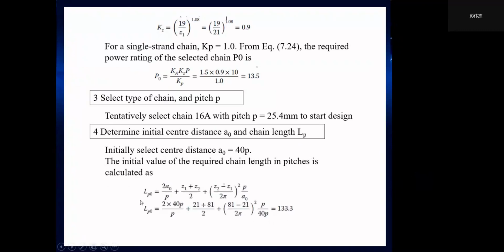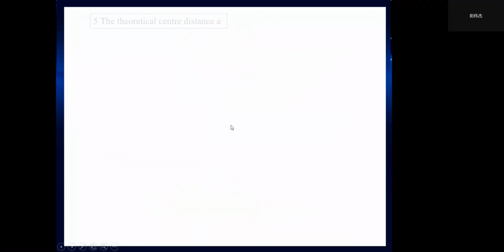Then we calculate Lp0. We have p and A0, and we have Z1 and Z2. Lp0 is 133.3, and then Lp should be an integer, so we select Lp as 134.